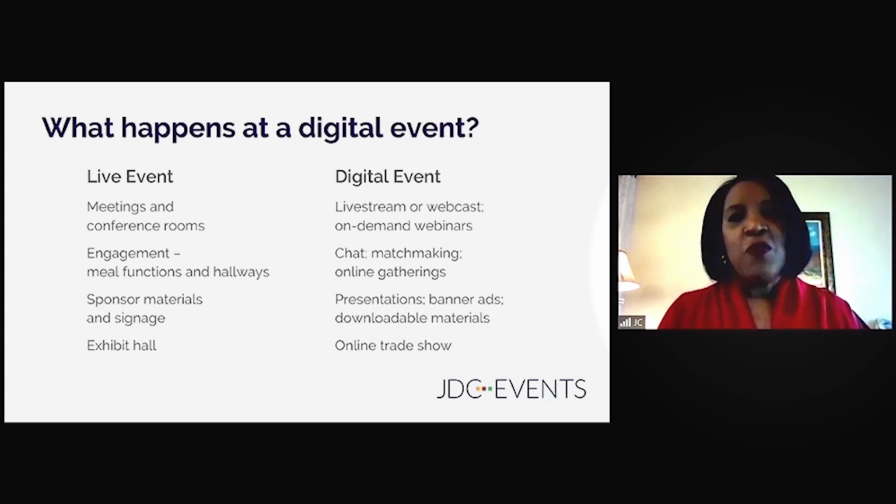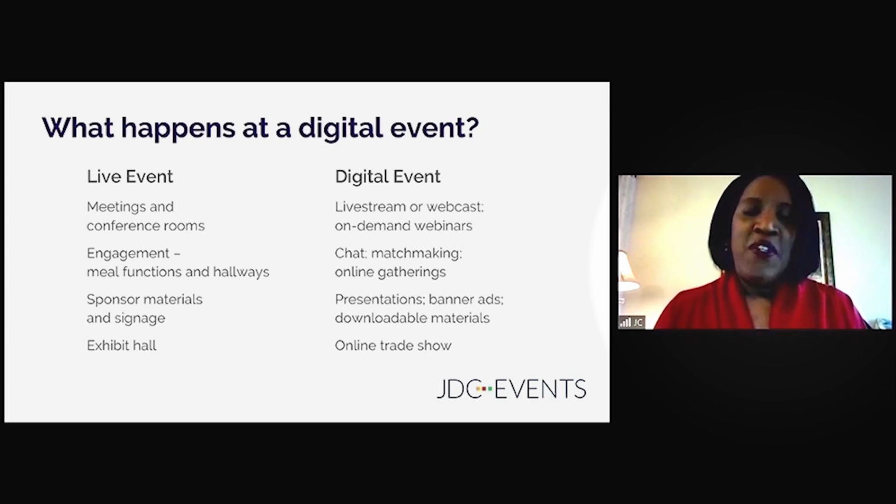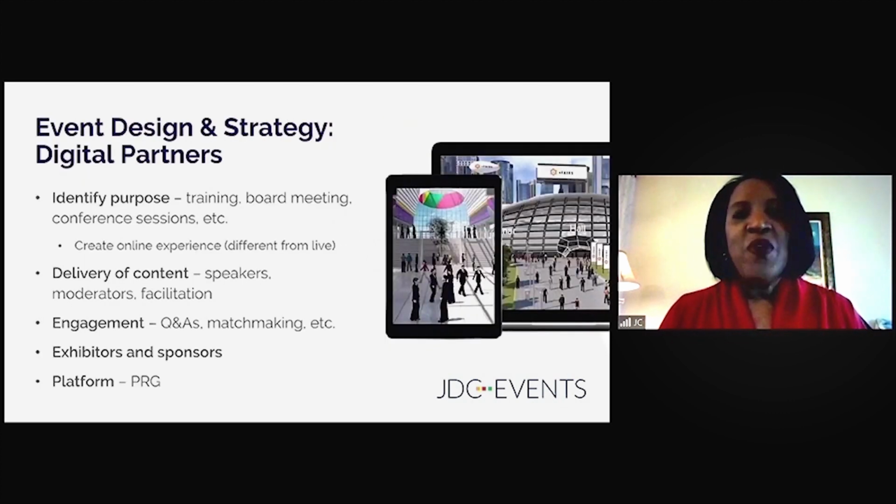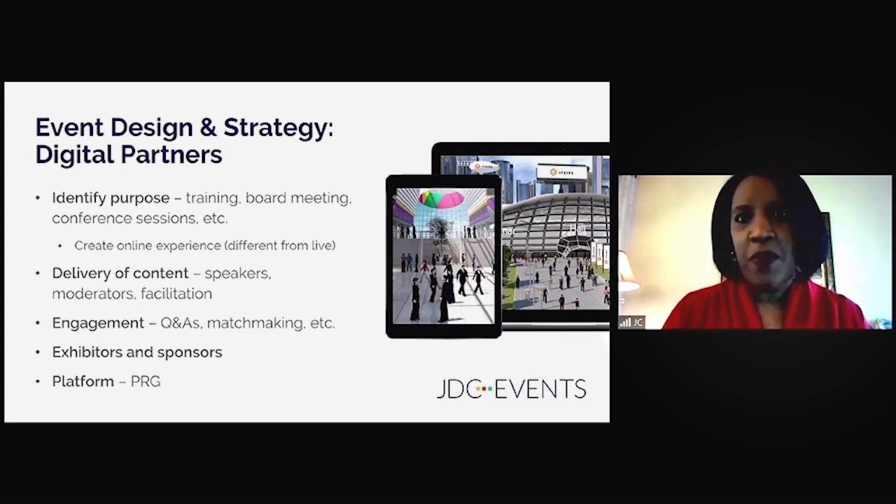In the digital space, you could have an online trade show. You can click on the logos and the information that a sponsor or exhibitor would have, and download their materials, and there would be ways for you to keep in touch and engage with them thereafter. So that's just a snapshot of how the digital space is different from the live, but it has similar properties.